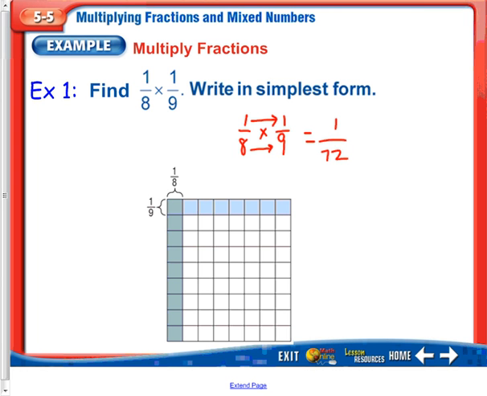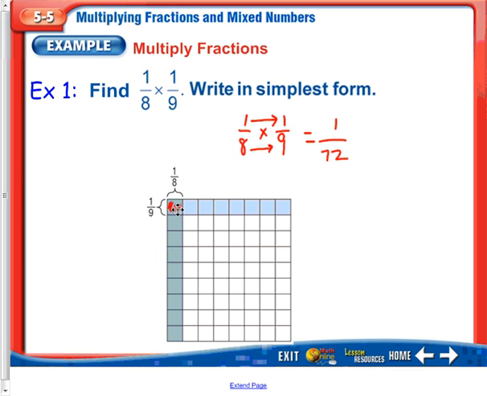So when you think about addition and subtraction, we always had to have a common denominator. Multiplication, we're not worried about a common denominator because we're actually going to multiply those two denominators together. This picture down here illustrates what's happening. We have a row of 8, or a column of 8, and then a row of 9, and then so we do 1/8, just that 1, times 1/9, again, just that 1.